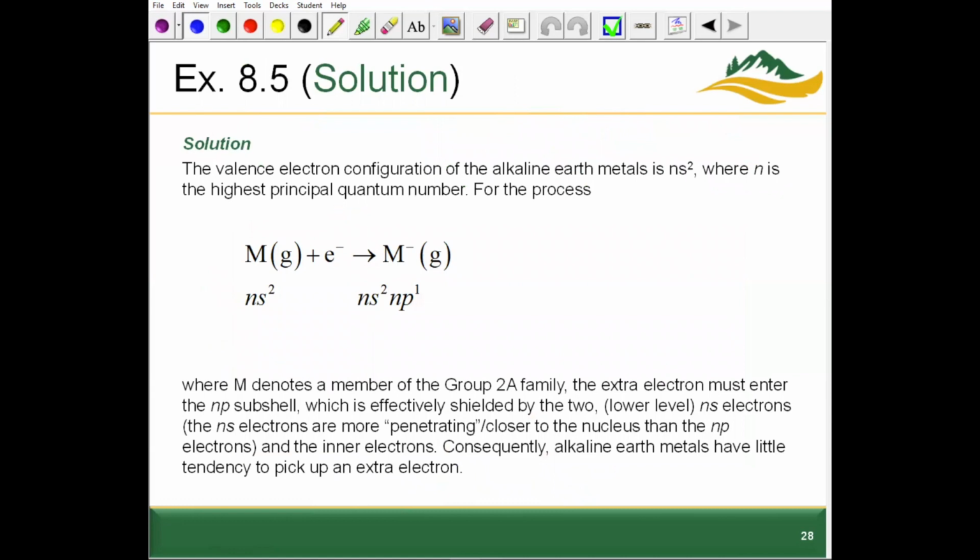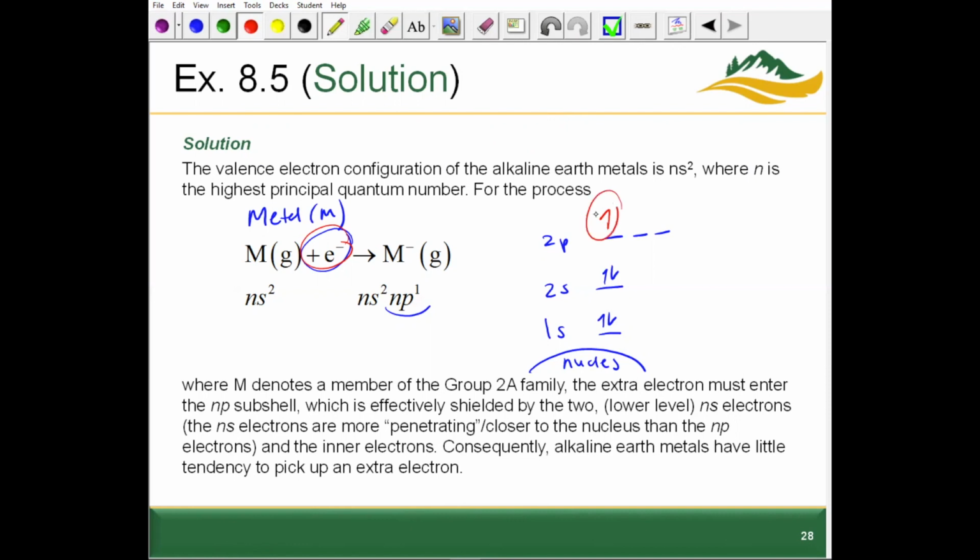If we represent any of those alkaline earth metals as just capital M to represent a metal, adding on an electron will force that electron to go into the next subshell up. This additional electron would have to go into the 2p subshell, for example, if we're looking at beryllium.